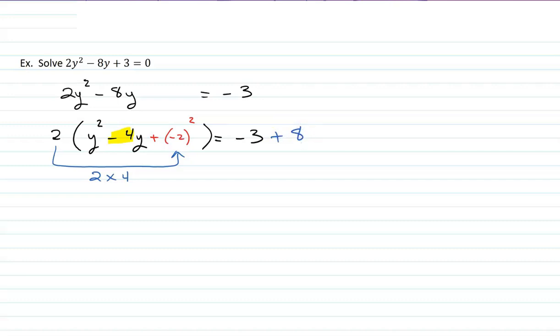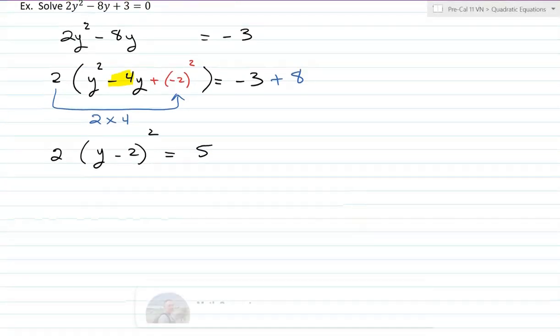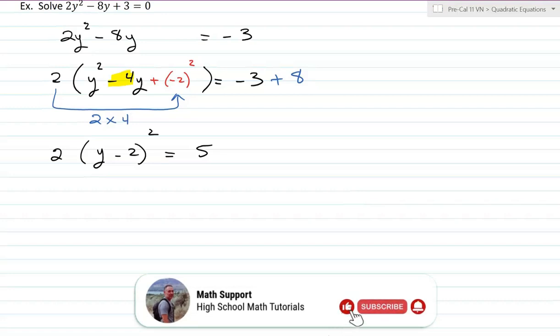Great. Now we're going to rewrite: 2 times y minus 2 all squared, changing the perfect square trinomial to a binomial squared, and that equals positive 5. Final answer, so we have to solve for y. We're going to divide both sides by 2 in this case.